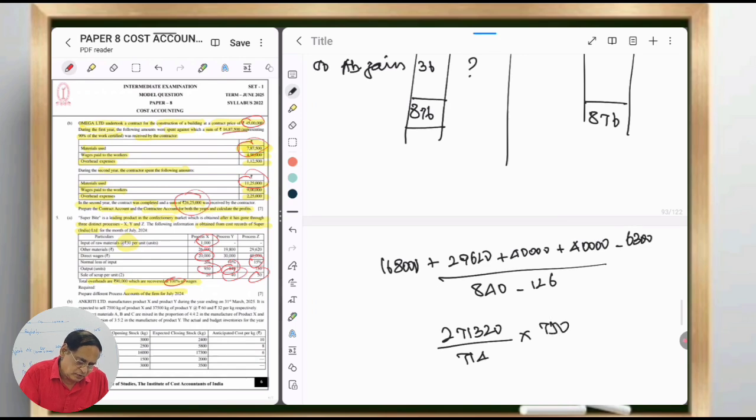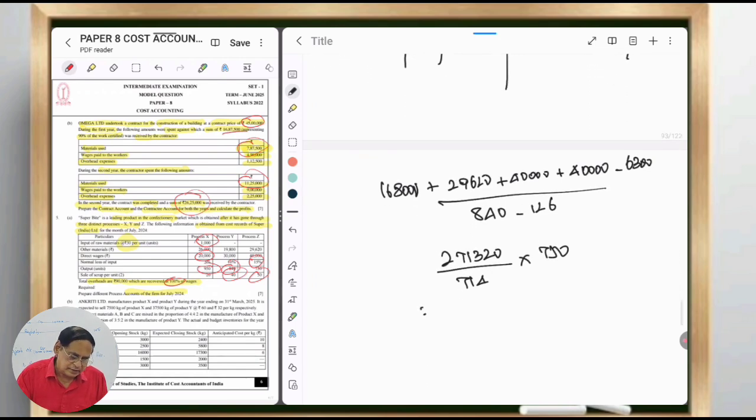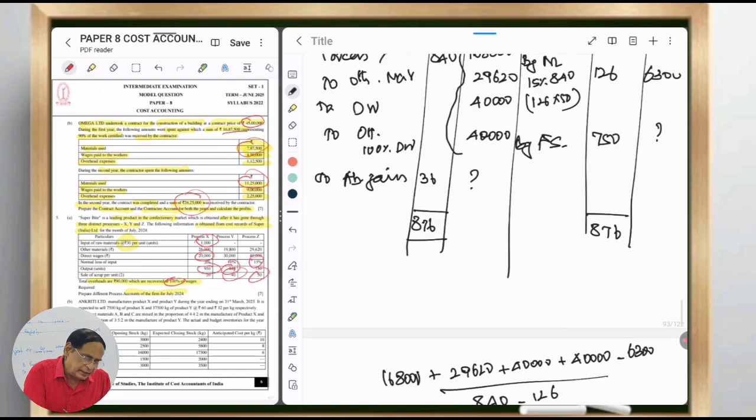So we will easily find out the cost of finished stock. 2,71,320 divided by 714 into 750, that is 2,85,000. So 2,85,000 is the value.